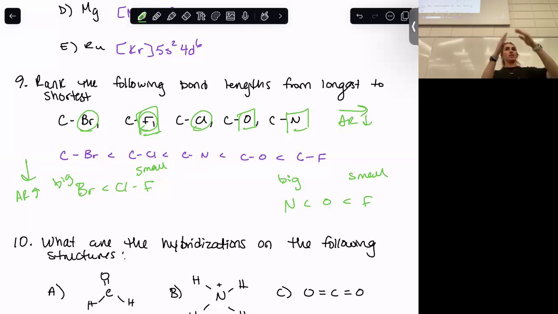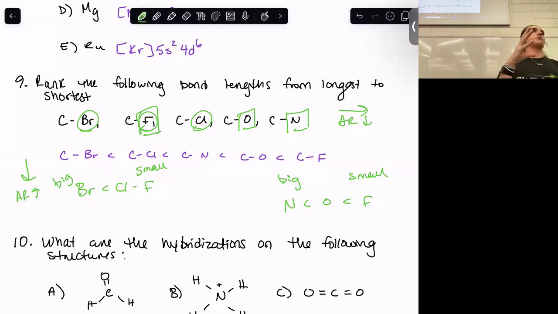Chlorine's bigger, right? It's in another period. It has a whole other valence shell in comparison to oxygen. So even though they're both relatively similar in electronegativities, chlorine has a giant extra valence shell compared to oxygen. So your bromine and chlorine, since they are lower on the periodic table, are going to be your larger ones, and then you compare your ones going across. No matter what, fluorine's the smallest.